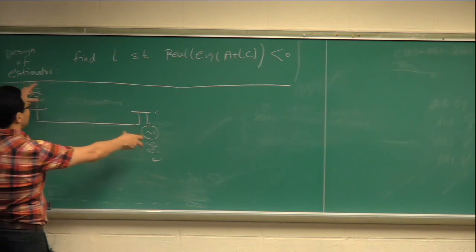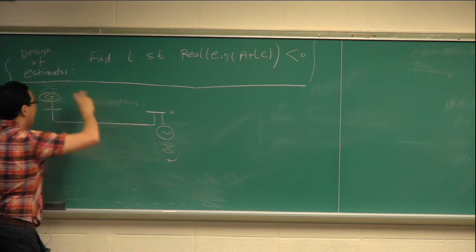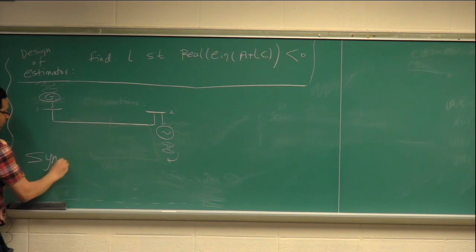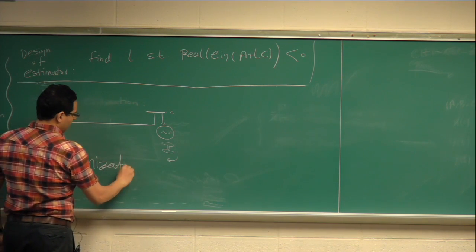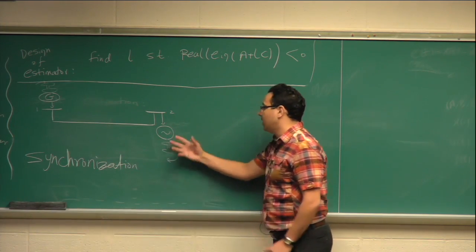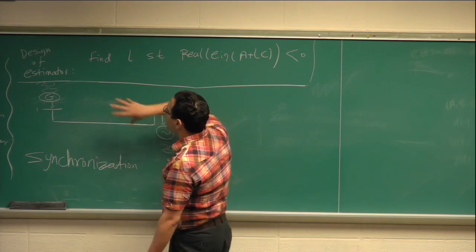So these 2 machines should rotate at the same speed, and this problem is called synchronization. Synchronization simply tries to say that, and this could be a generator, not a washing machine, because modern washing machines are a little different, but it's all about rotations.